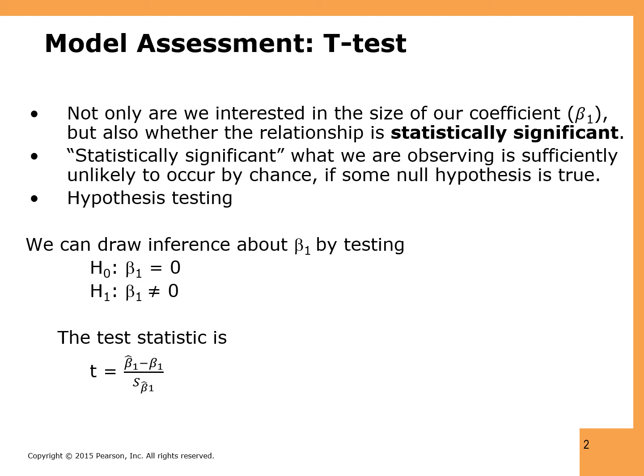The test statistic for this test is a t-test, and it is beta hat 1, which is what we estimate, minus what the null hypothesis predicts. So in this case, beta 1 is equal to 0, and divide that by the standard deviation of beta hat 1.